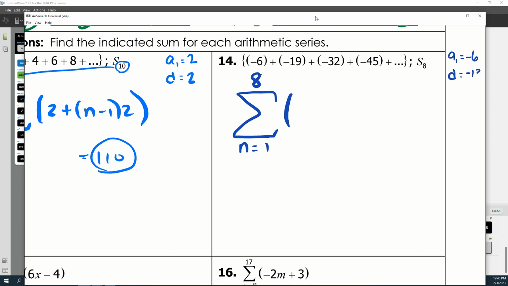Since they're going down by 13 each time, the d is negative 13.